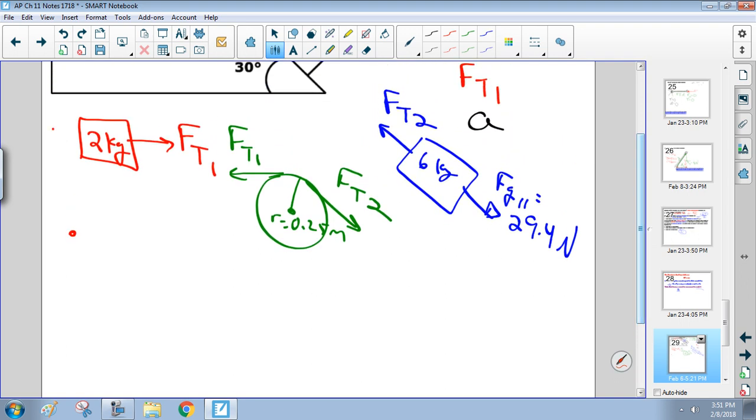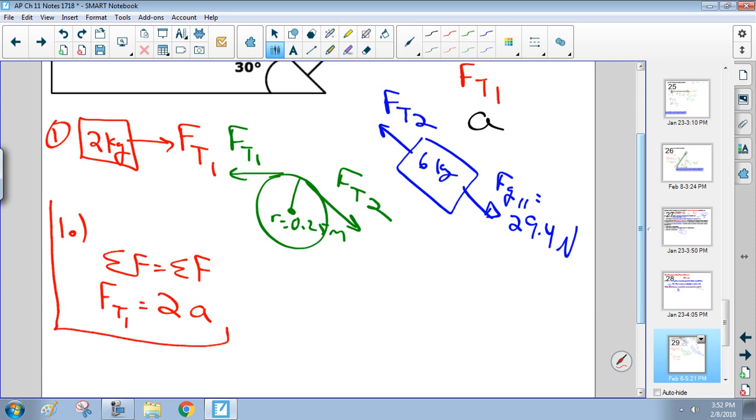So for block number 1, here's what we know. We know that net force equals mass times acceleration. So that means the force of tension number 1 equals mass times acceleration. There is one of my equations. Now let's go over here to block number 2. Same idea.